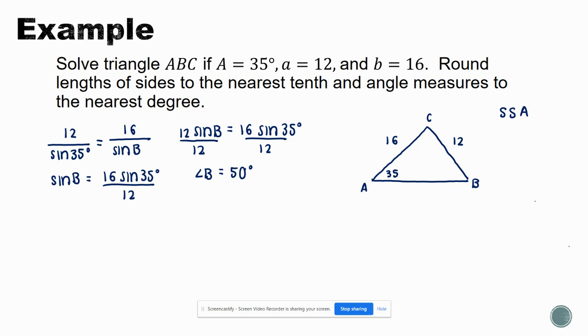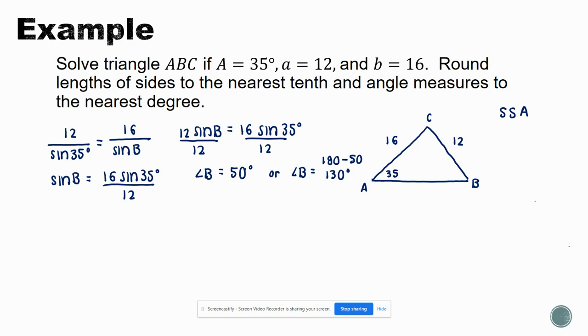We also want to determine if there will be a second triangle. So I'm going to take that 50 degrees and, once again, determine with the supplement what the obtuse angle would be. So if I take 180 and subtract 50 from it, I get 130 degrees.